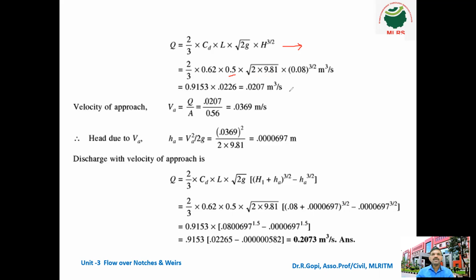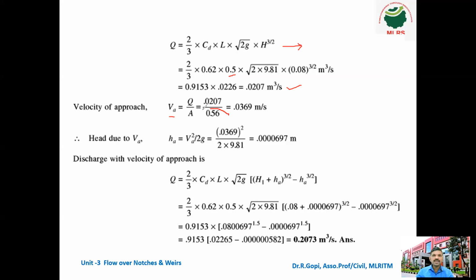Okay, so finally we got the discharge value 0.0207 meter cube per second. That is the answer for discharge. Now calculate the velocity of approach. That means velocity VA is equal to Q divided by area of the channel.